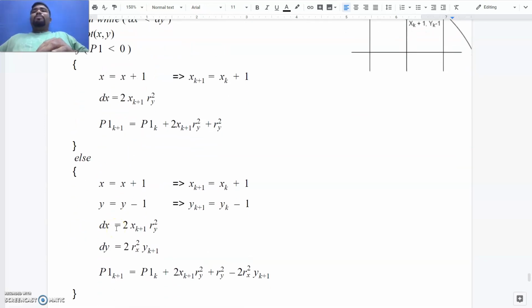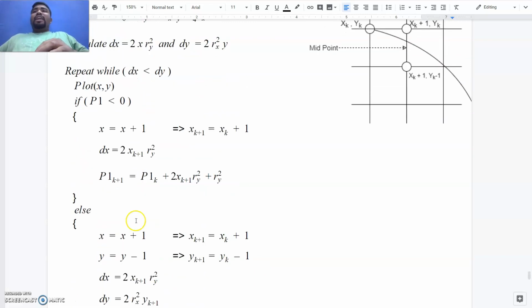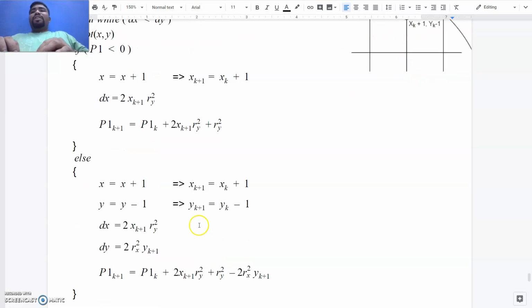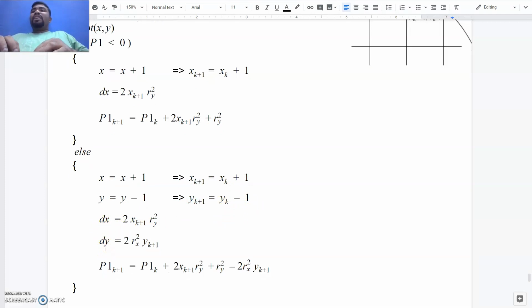If it is greater than 0, we'll execute the else part. In the else part, we clearly see that the midpoint is lying outside the arc. If it is lying outside the arc, that means this arc is going to choose the below point. Below point means x is going to change from xk to xk plus 1, and yk is going to change from yk to yk minus 1. And obviously in this case, as both are changing, we need to calculate both dx and dy. And again, we'll check whether dx is less than dy.